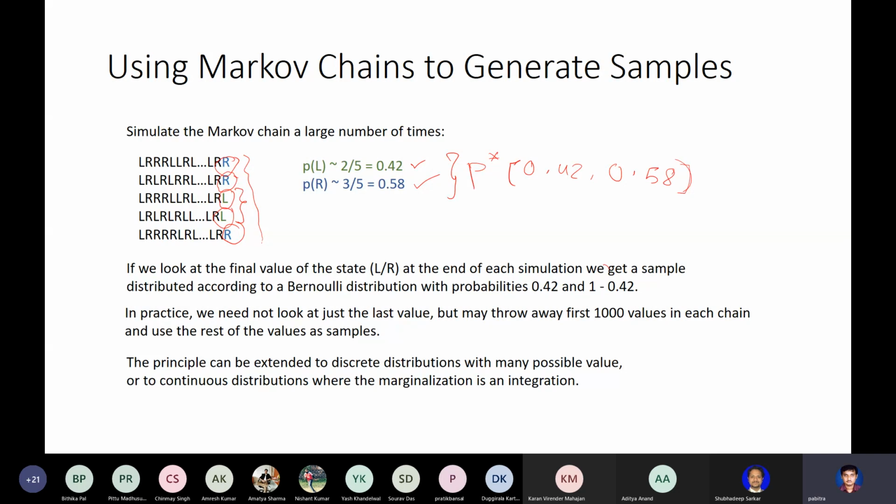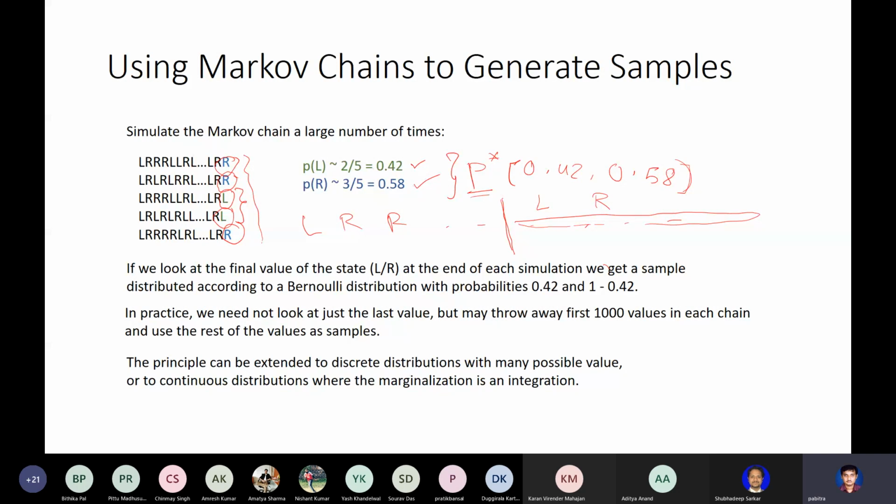In fact, you need not run several Markov chains. If you run one Markov chain for long enough, and discard, let's say, the first 1 million terms or 1,000 terms, and look at the rest of the values and see what fraction are L and what fraction are R, that ratio will also be P star.